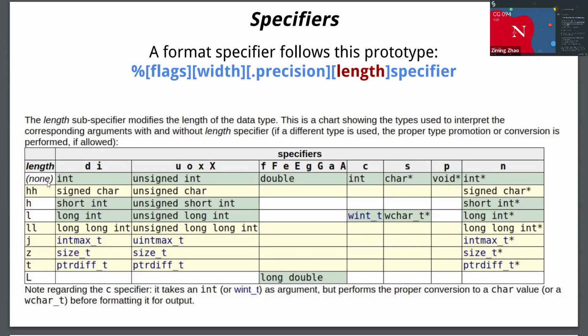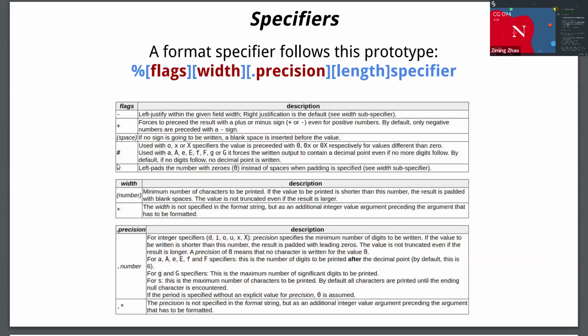When there is no specifier for length, this is just an integer, a 4-byte integer. And this is not precision, because precision requires a dot there. So that 10 is actually width, not flags, because flags can only be minus, plus, space, pound, or 0. That's a number, that's a width.